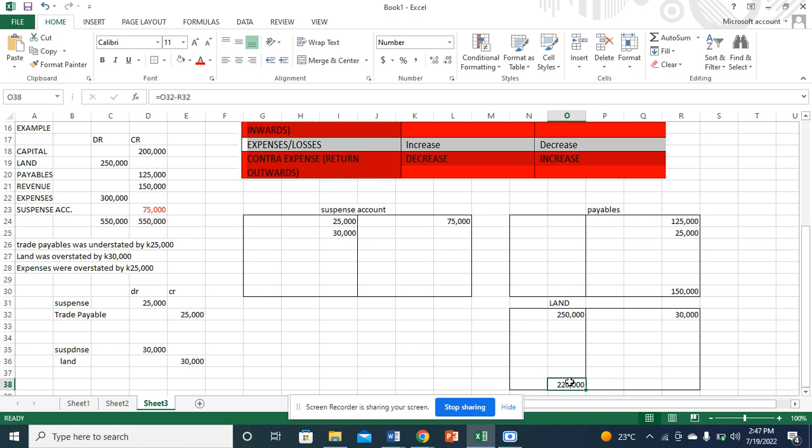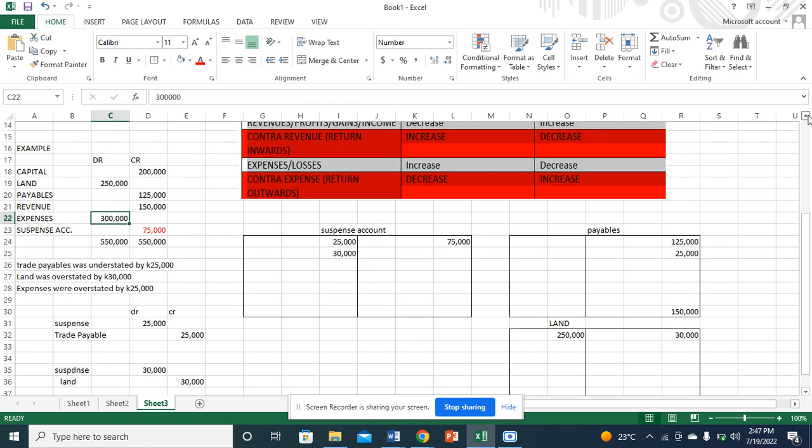Then finally, we've been told expenses were overstated by 25,000. So what do we need to do? We need to reduce this amount by 25,000.